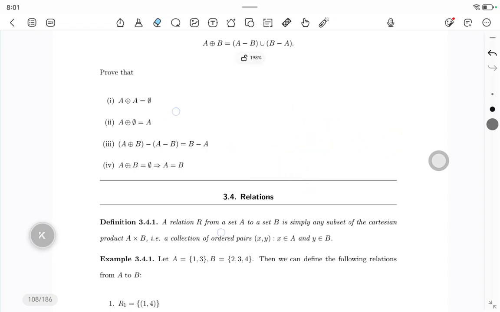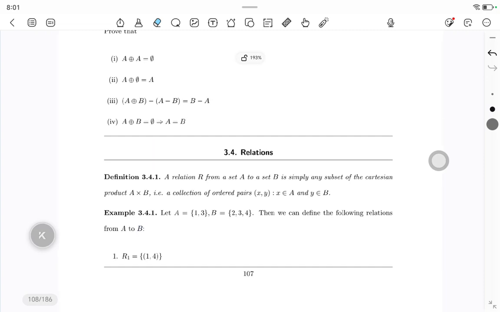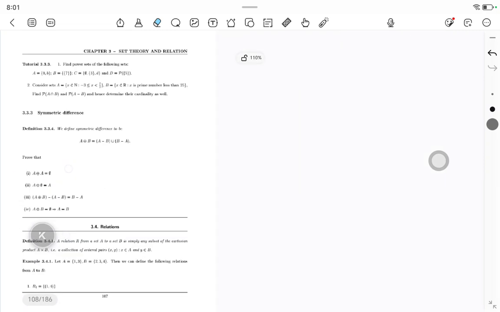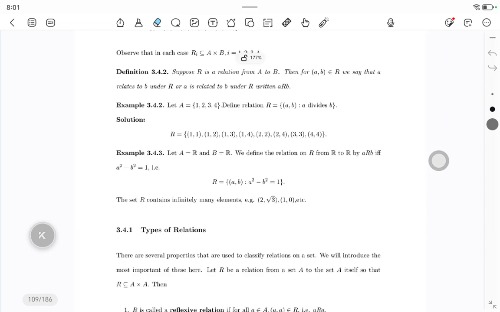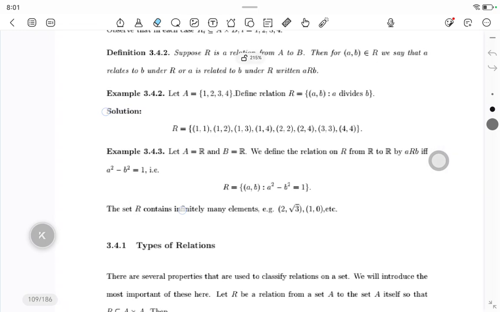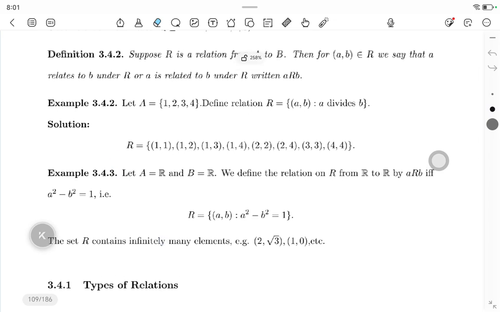Now we can look at the first example. They say let A equal {1, 2, 3, 4}, and we must define a relation from A to B such that a divides b.